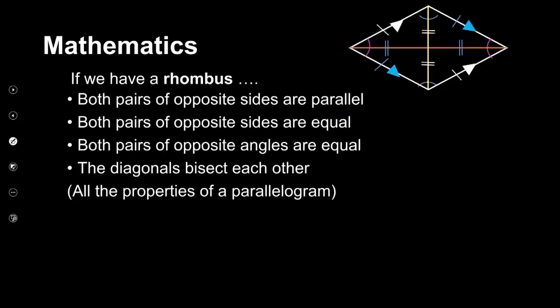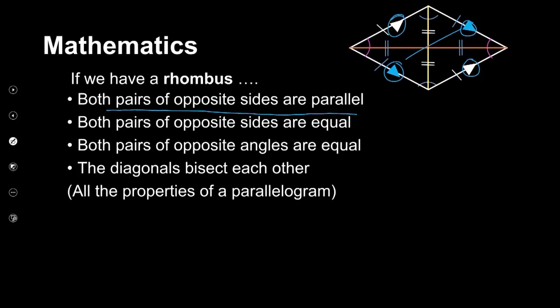Now, if we have a rhombus, what we know is that both pairs of opposite sides are parallel. That's the very first thing. So my blue and my blue will be parallel and opposite, and that one there will be parallel and opposite.